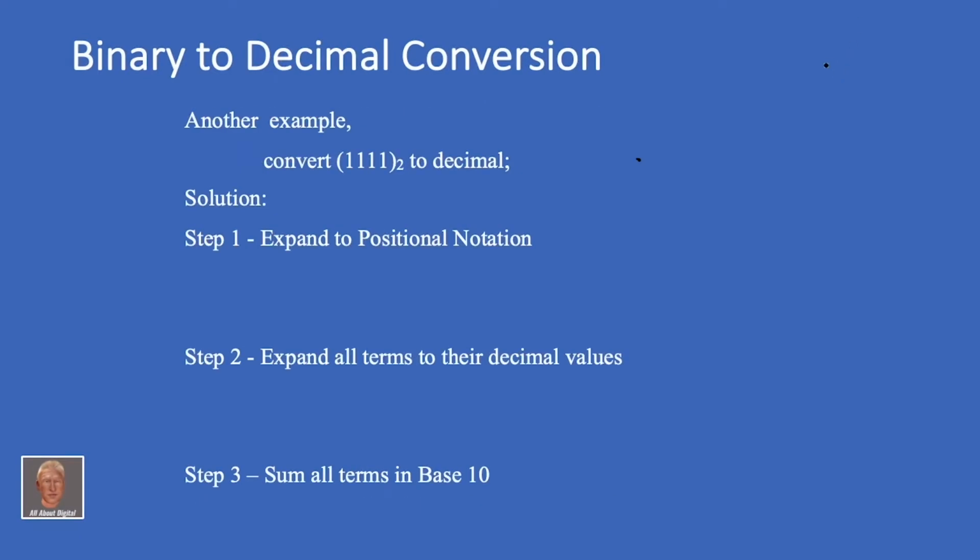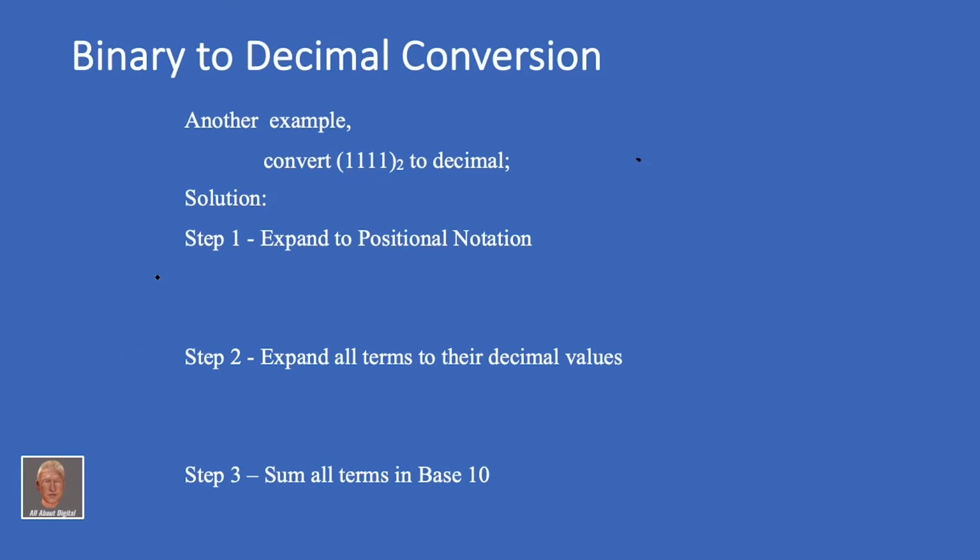Let's do another example. Let's convert 1111 base 2 to decimal. So as described earlier, there are 3 steps. And the first step is to expand the binary number to its positional notation. So we look at this number right here, and the first digit is d0, the second one is d1, third one is d2, and this is d3.